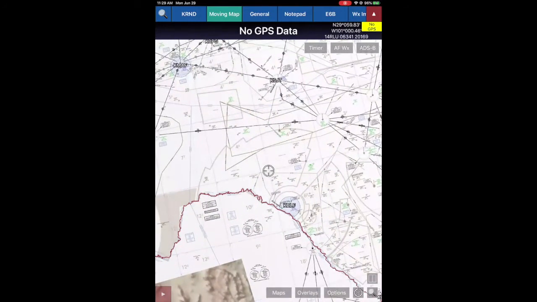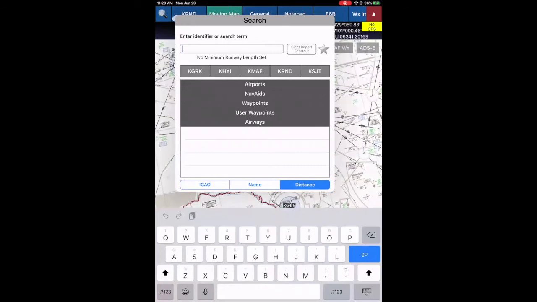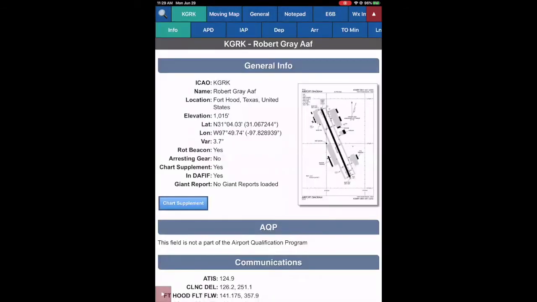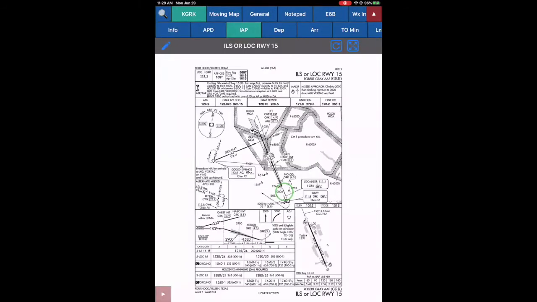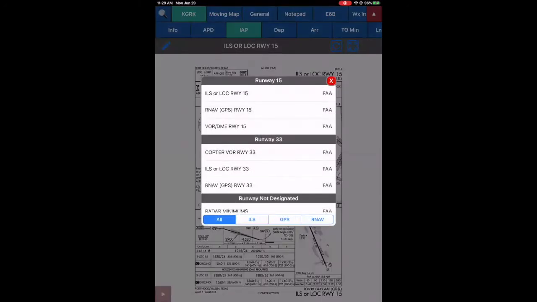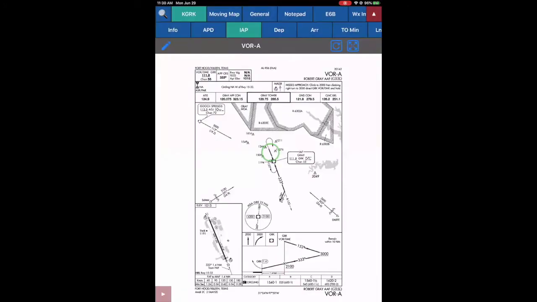Let's take a look at Robert Gray. If I click on the instrument approach plates, I click on the dark gray, I scroll down. There's an approach called a VOR-A, alpha. What does that alpha mean?